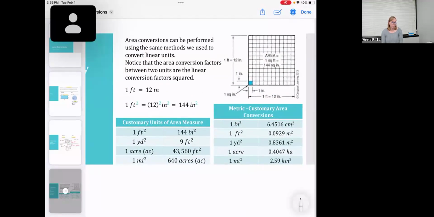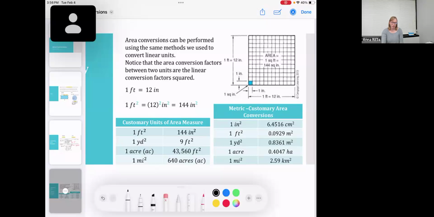So area conversions can basically be done using the same methods that we have used to convert linear units. But we might notice here, for example, we know this is true: 1 foot is equal to 12 inches. Those are linear units.